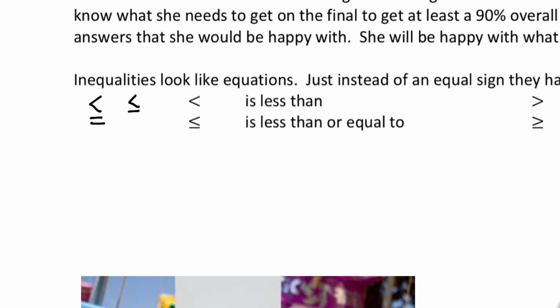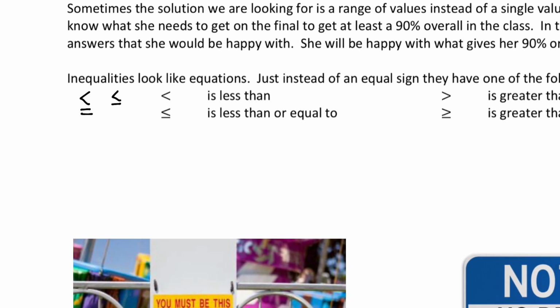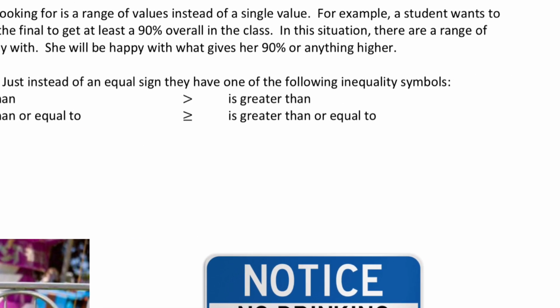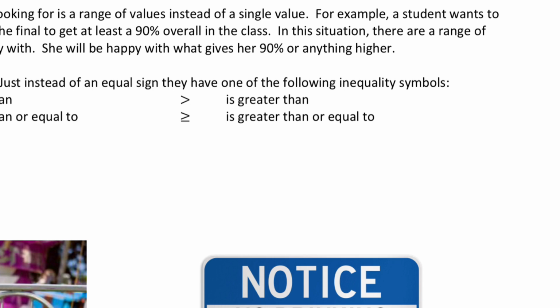So a combination of a less than and an equal gives you less than or equal to. And I wish there were a shorter way of saying that, but that entire phrase is needed. On the other side here, greater than and greater than or equal to, same thing. The only difference is that line.